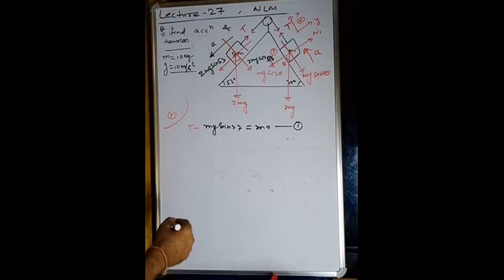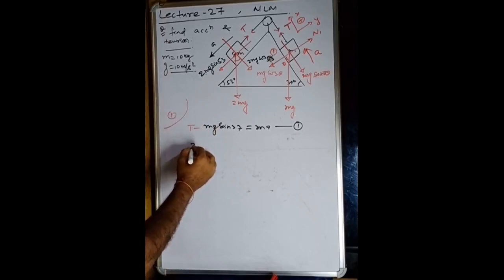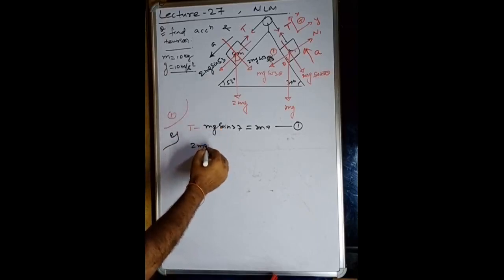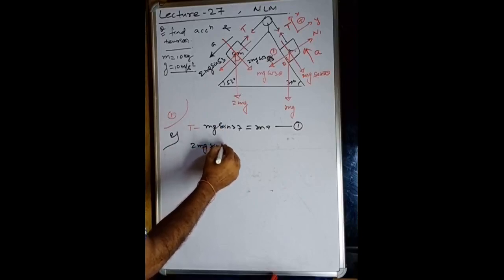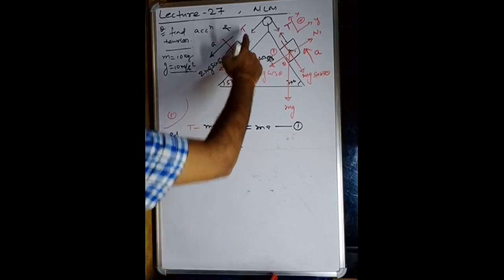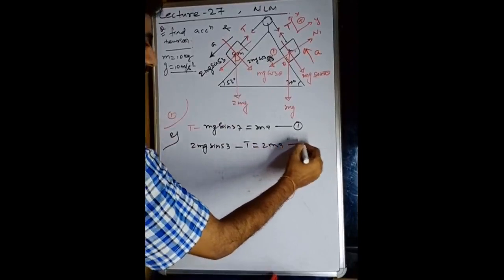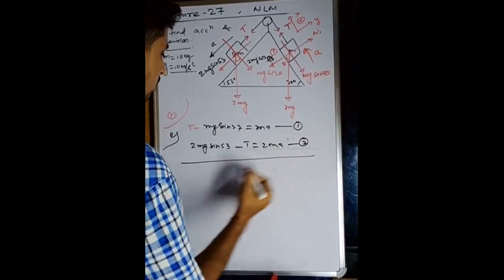Now for the second one, I am writing 2mg sin 53 minus T equals 2ma, equation 2.